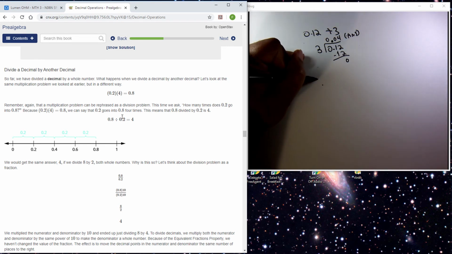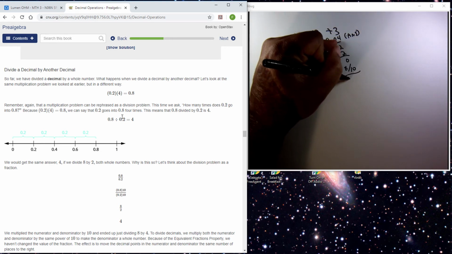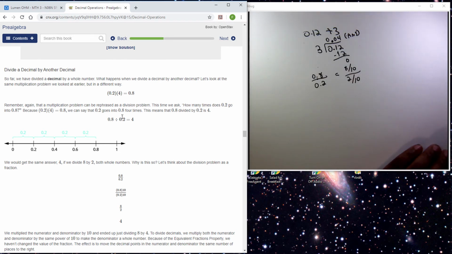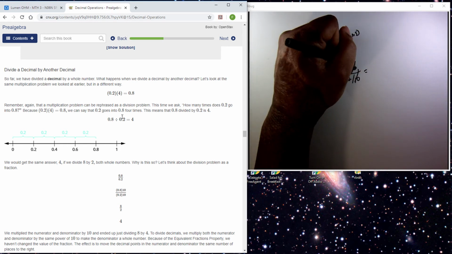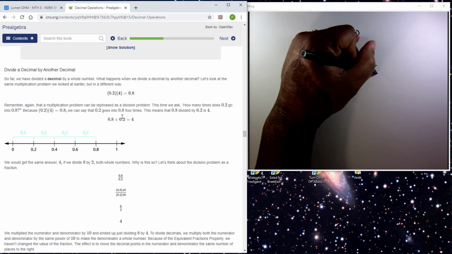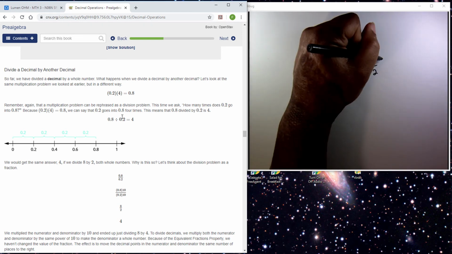So what we really have is 8 tenths divided by 2 tenths. As it turns out, the tenths cancel out, and we have 8 over 2 here. Now we're dividing by a whole number, which is 4.